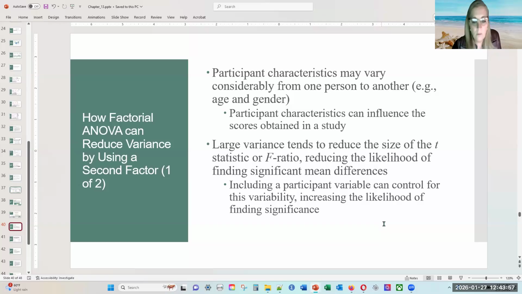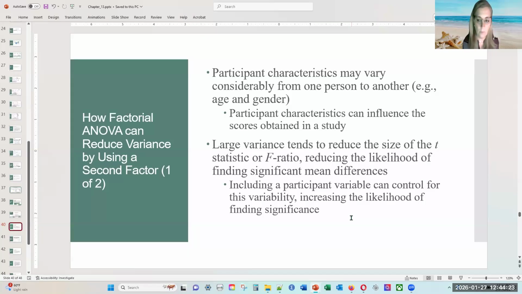All right, so here are some things to consider. How factorial ANOVA can reduce variance by using a second factor. Participant characteristics might vary quite significantly from one person to another, like age or gender, and these characteristics can influence the scores that we obtain in a study.